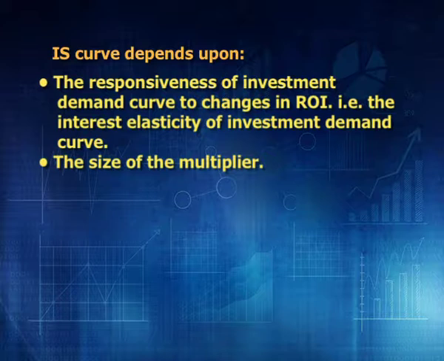Thus, it can be explained that there is an inverse relation between national income and rate of interest. The steepness or slope of IS curve depends upon two things. First, the responsiveness of investment demand curve to changes in rate of interest, that is, the interest elasticity of investment demand curve, and second, the size of the multiplier.